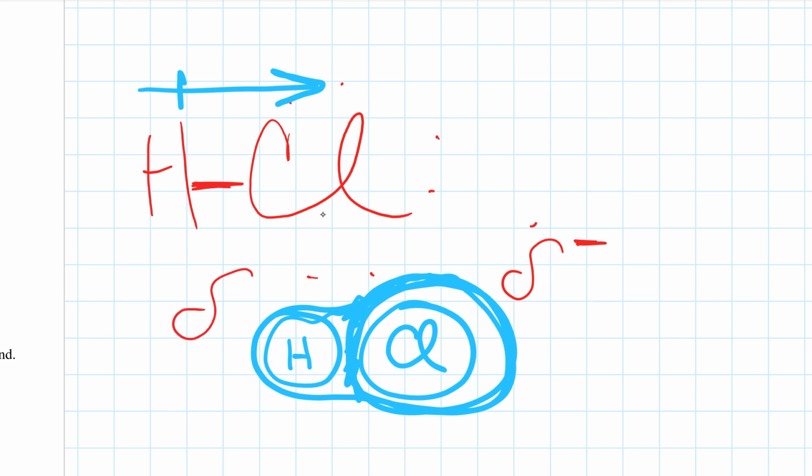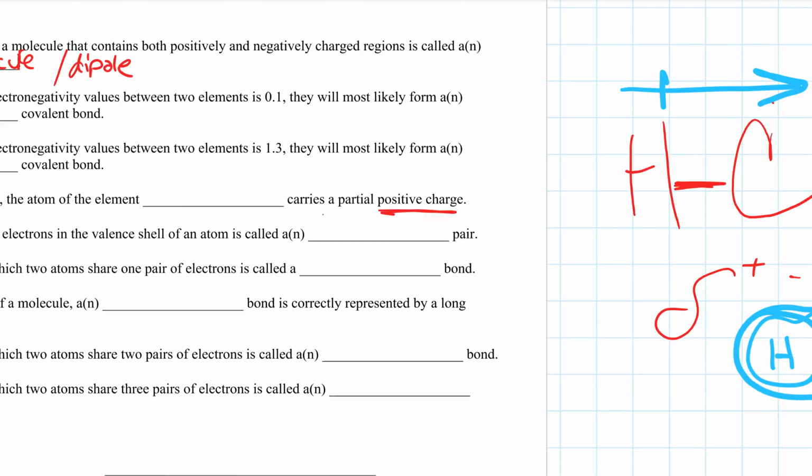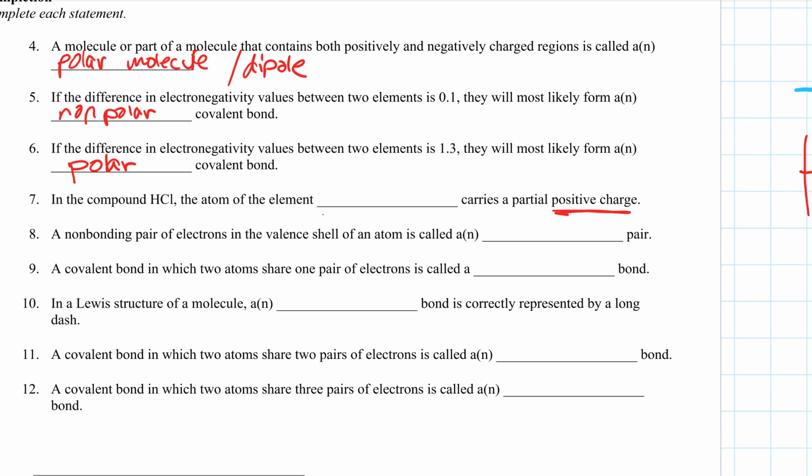This end will have a partial positive charge because the electrons are shifting towards the chlorine. So to answer the question, the hydrogen atom will have a partial positive charge. The electrons are shifted from it towards the chlorine.